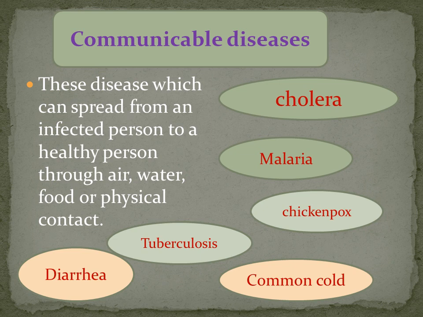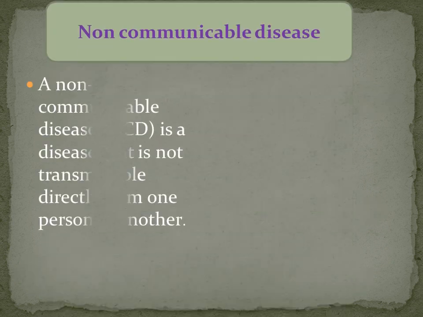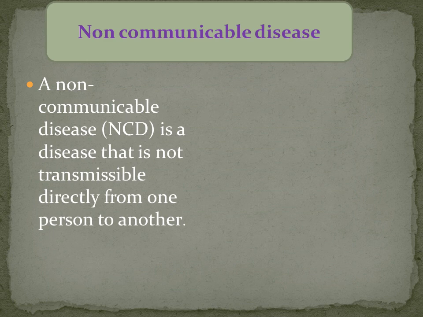So all these diseases are transmitted from one person to another. Hence they are called communicable diseases. The next one is non-communicable diseases. These are the diseases which cannot be directly transmitted from one person to another.